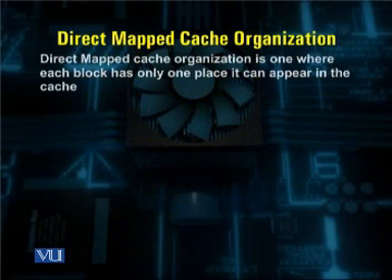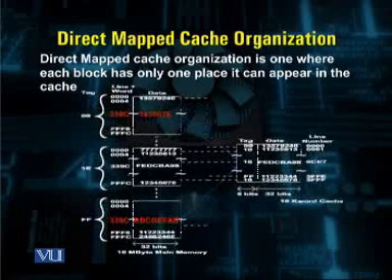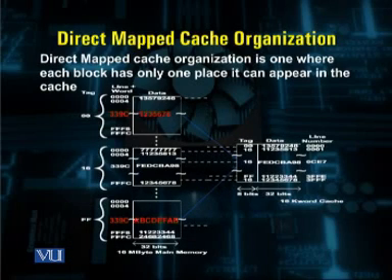Let us first of all discuss what a direct mapped cache organization is. A direct mapped cache organization is one where each block has only one place where it can appear in the cache. For example, if we look at this block diagram, we are assuming that a computer uses 16 MB main memory and 1 MB cache.